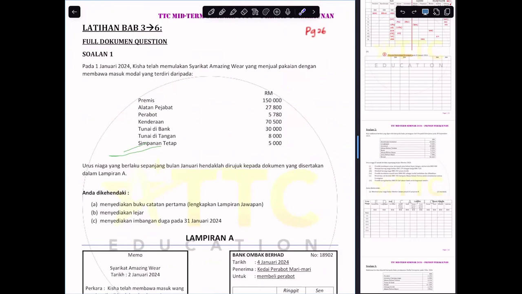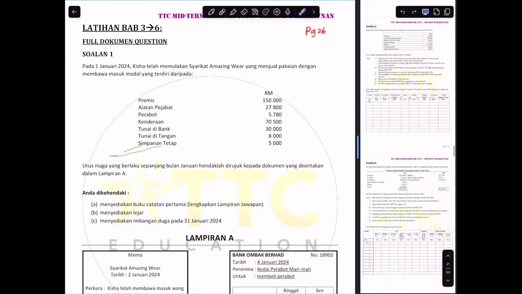This will be one of the most important questions in your syllabus from Form 4. And it will be worth at least 25 marks. Okay, ready?